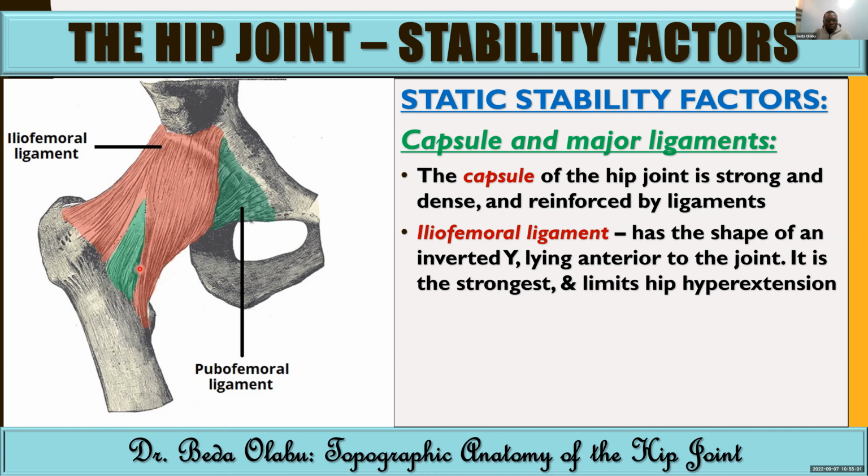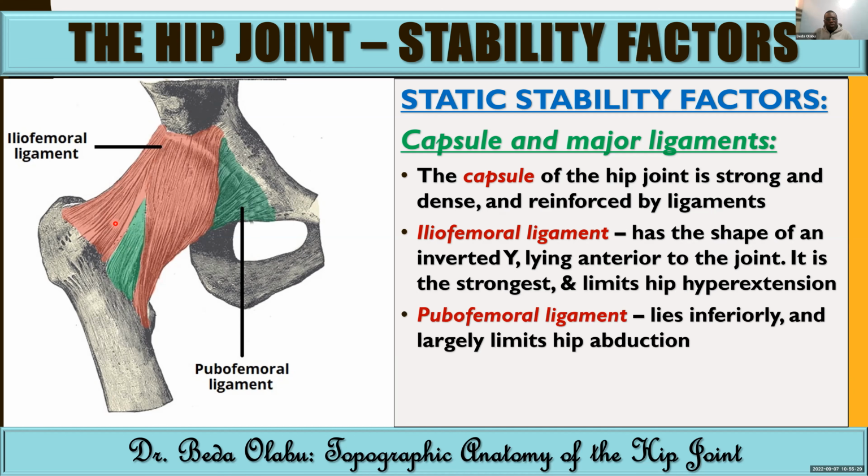There's a medial band that is almost vertical, and there's a lateral band that is relatively inclined. So that's the iliofemoral ligament. So that region will be relatively thicker and perhaps almost deficient in that particular region. Remember, it limits hip hyperextension.